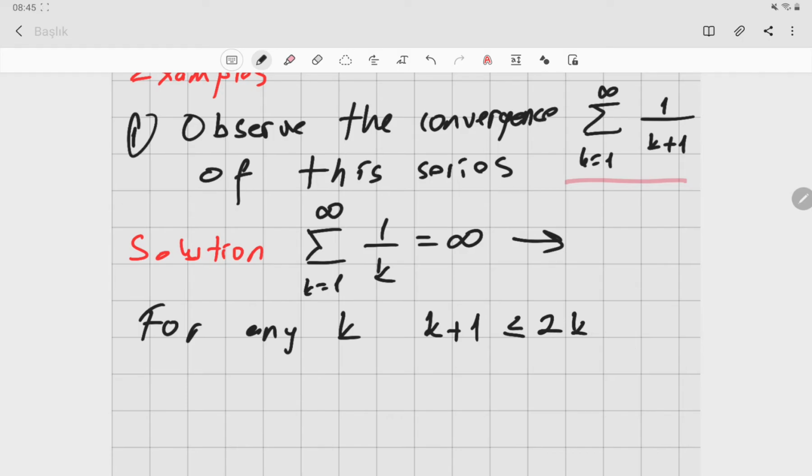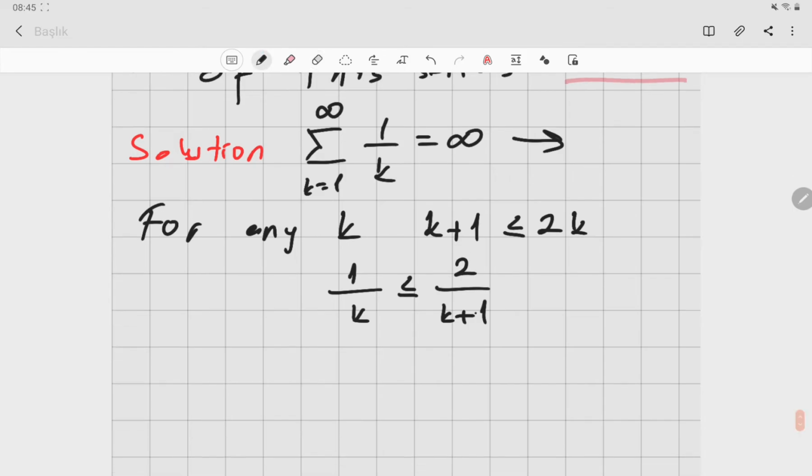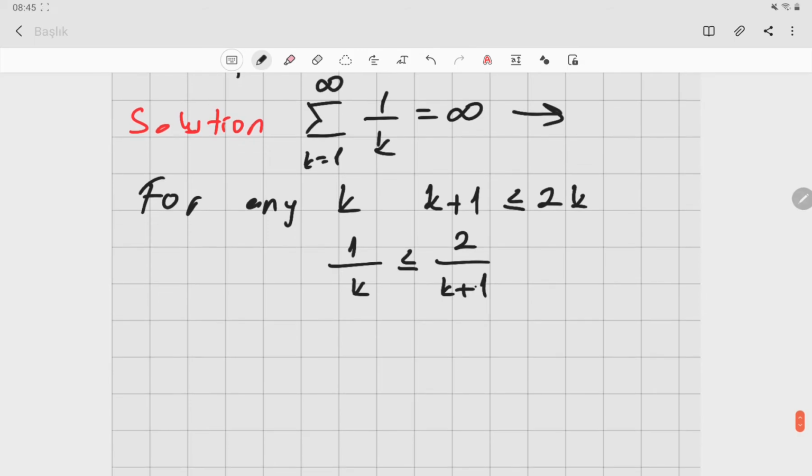Okay, if we have this inequality, then we have 1 over k, 1 over k plus 1, or 2.